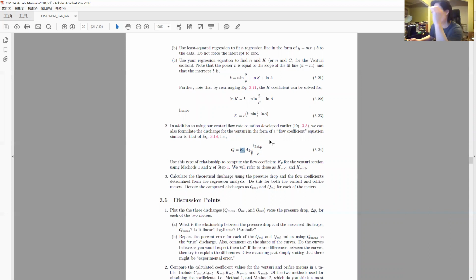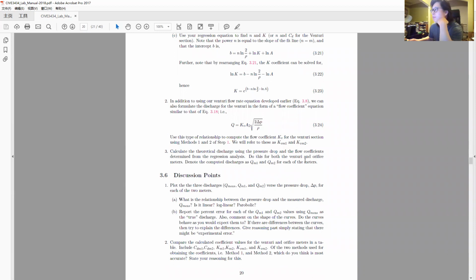We use method 1 and method 2 to solve this Kv, only for the Venturi meter. Using both methods we get KvM1, the Kv calculated by method 1, and KvM2. So that's part 2.